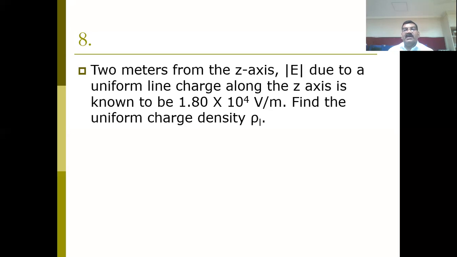So you just equate. Here the vector is not there, only the magnitude is given, so it will be very simple.